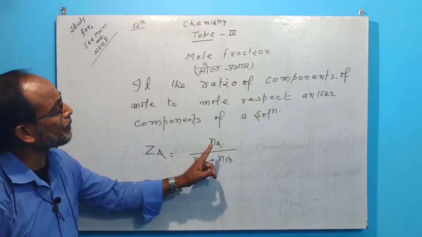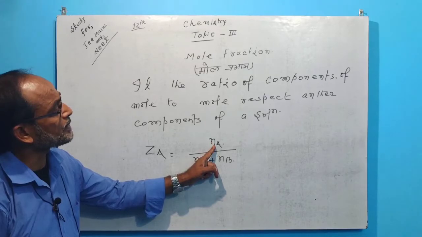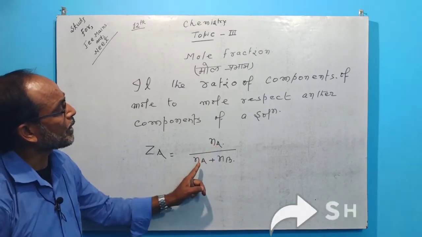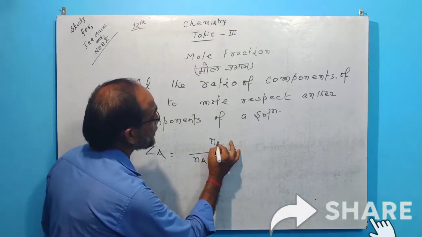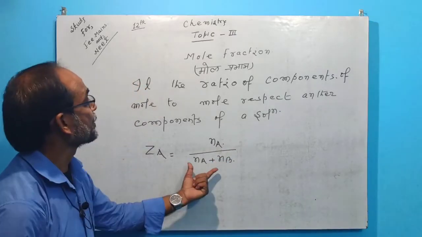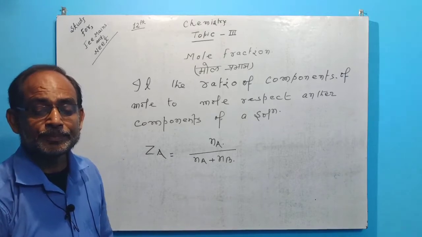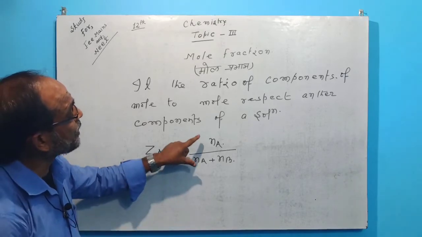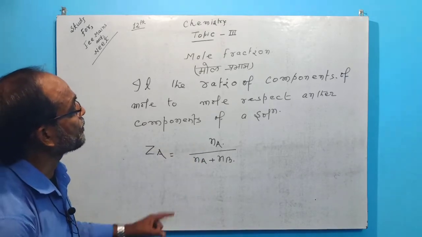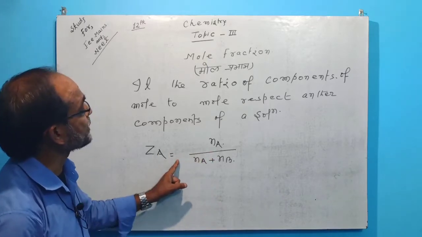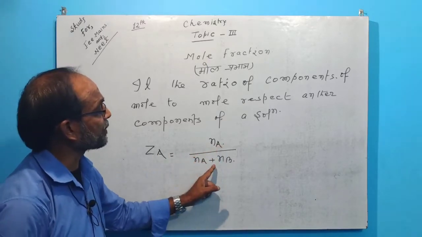Number of moles of solute upon the number of moles of the solution, component-wise. Za equal to Na upon Na plus Nb.